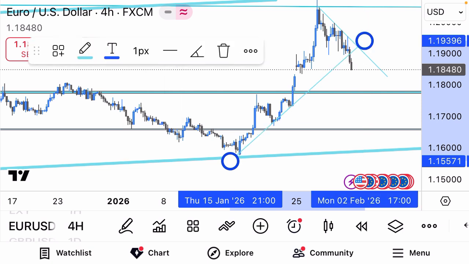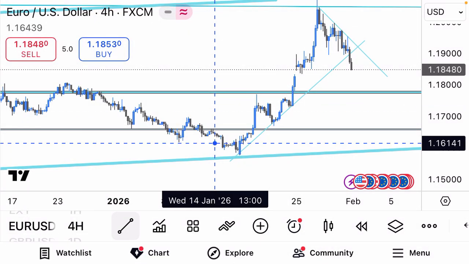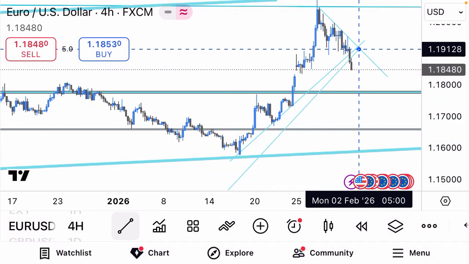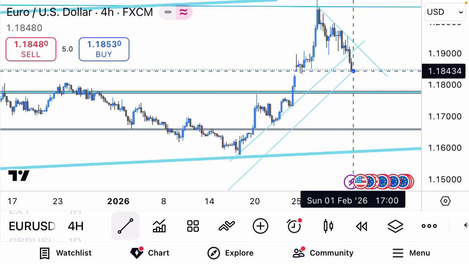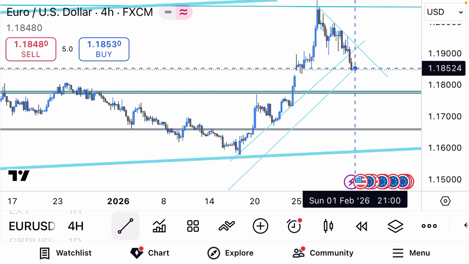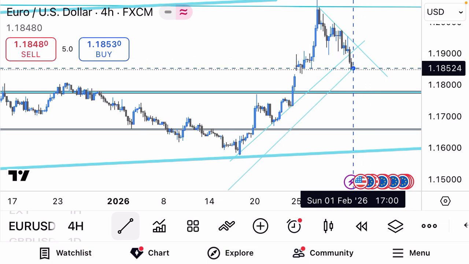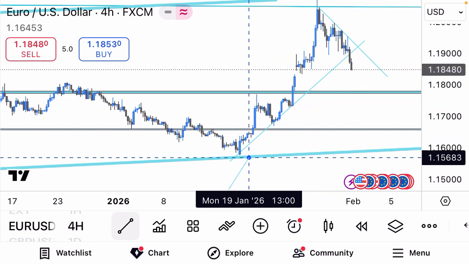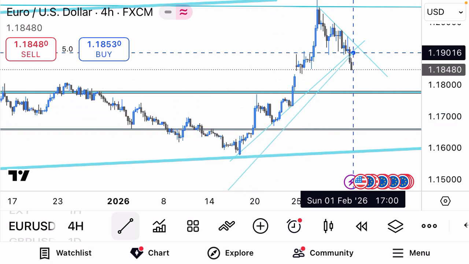If you look at the markets very well, you can see that we have this sell trend line intact, and this buy trend line that has been broken out. So going into this week, I'll be expecting a bit of a test of this trend line here, which would also serve as a retest of this buy trend line that has been broken.